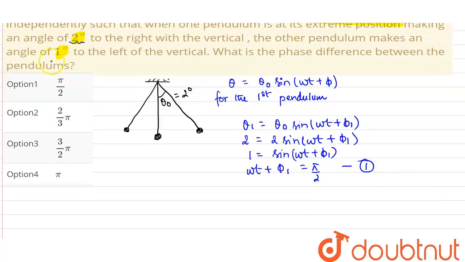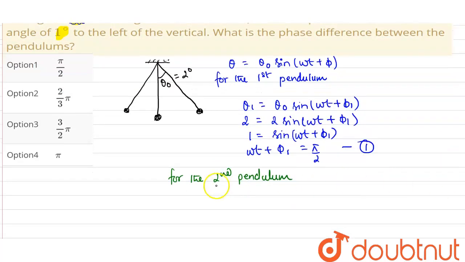Now for the second pendulum, our equation will become theta 2 equals theta naught sine omega t plus phi 2. Correct.